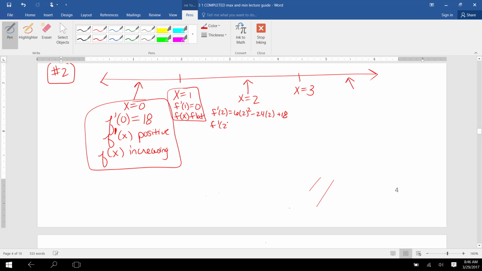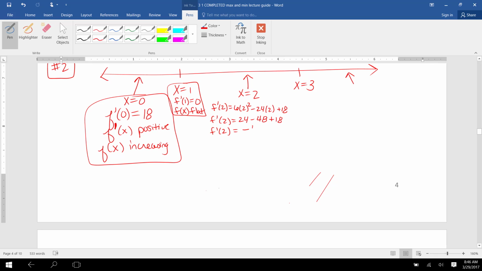So f prime of 2 is 6 times 4 minus 24 times 2 plus 18. All right, so I get f prime of 2 is negative 6. Again, I don't really care that it's negative 6. What I care about is the fact that f prime of X is negative.